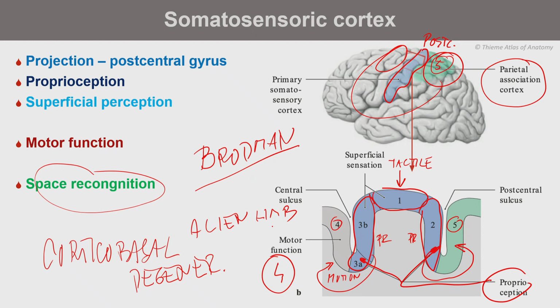So then he or she is not able to recognize that this is my hand, this is my body part. This is the hand of someone else. So then we know from those neurological disorders that this cortex has a key role in recognition of the human body parts position.